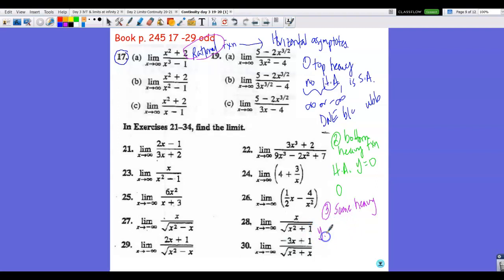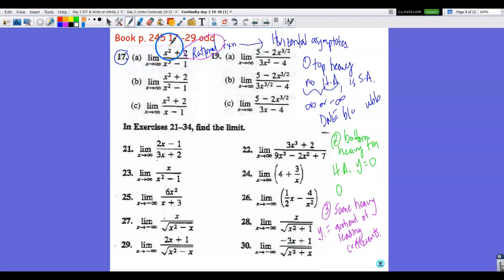So the horizontal asymptote will be y equal to the quotient or ratio of the leading coefficients. That doesn't necessarily mean the first term. It means the coefficient of the highest powered degree term. All right, so I'll leave that written there, and I'm going to go over to the side because I think, in all these cases, we are looking at rational functions.